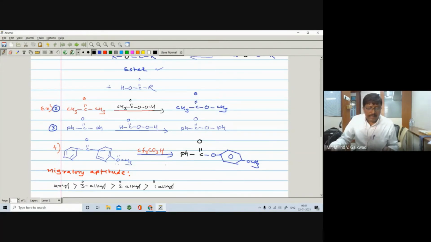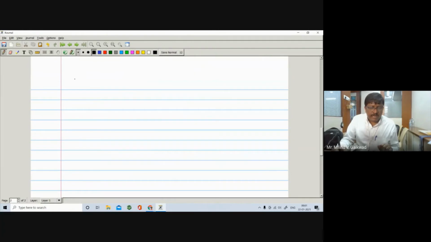Then we can write the substituted benzene, right? So these are for the alkyl groups, and for the substituted benzene I'll write on the next page of the migratory aptitude. For example, which is found to be more nucleophilic in nature. For example, here at the para position there is a methoxy group in the C6H4. C6H4 means on the benzene nucleus at the para position there is a methoxy group.